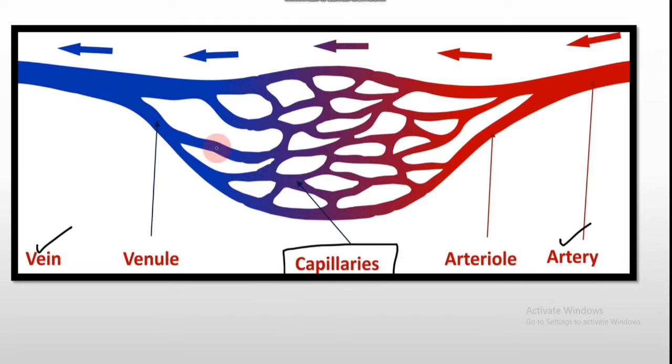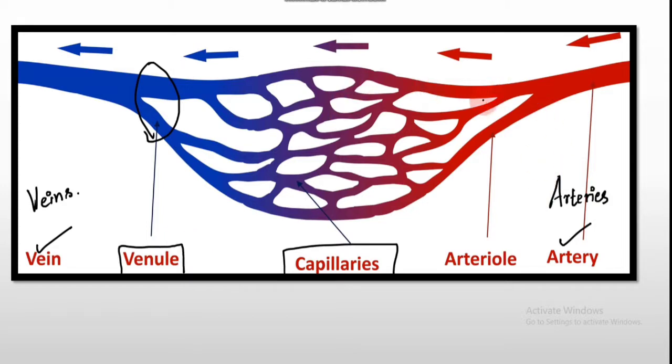And already I have mentioned that artery is the singular form and arteries is the plural form, and the same thing goes for vein and veins. When these veins get branched, this region is where the branching takes place. This branching we call a venule.